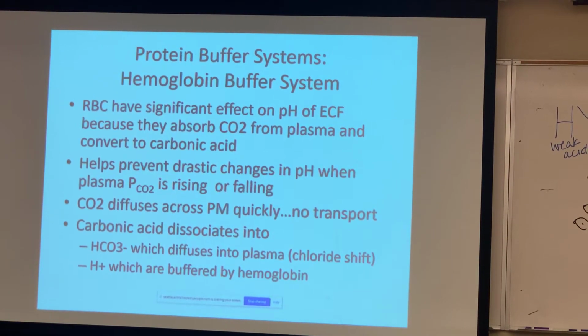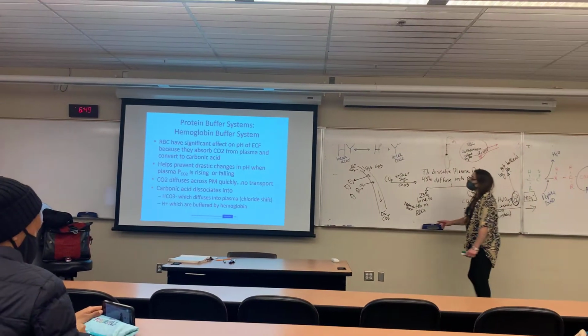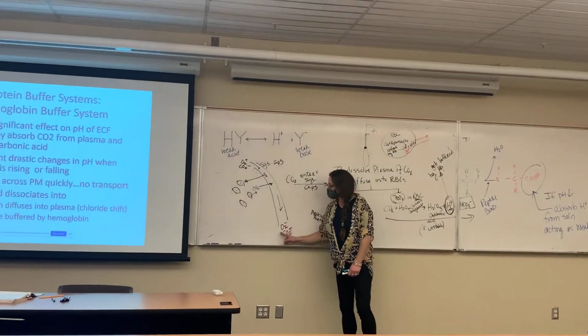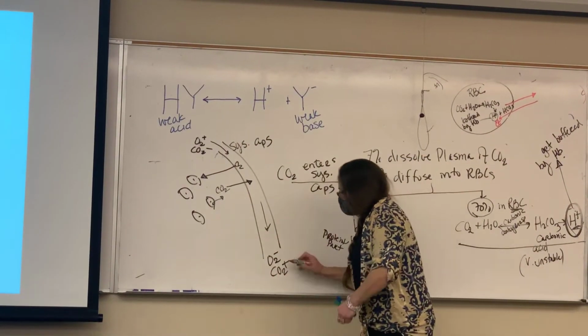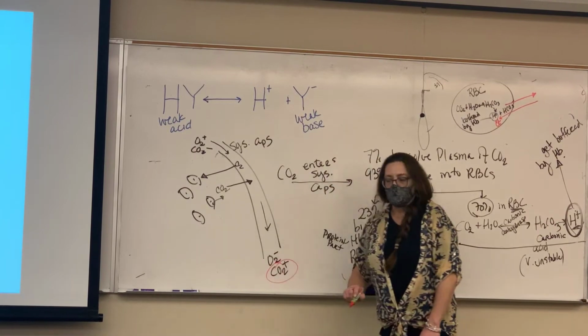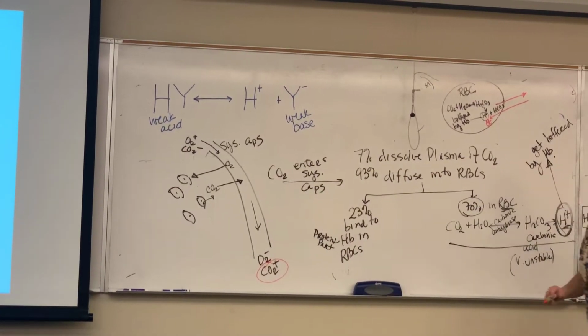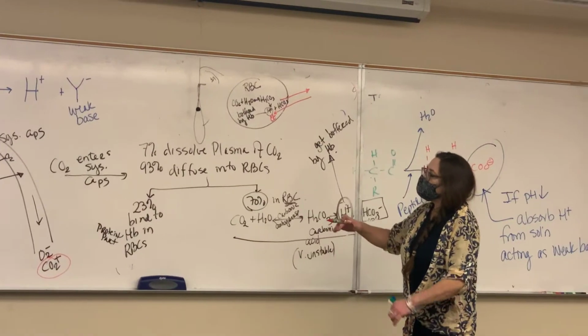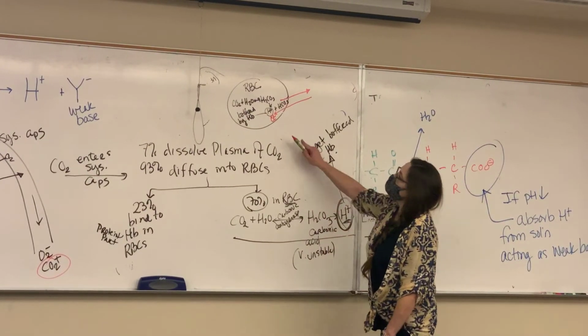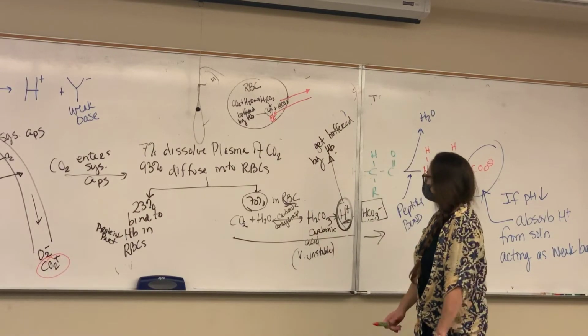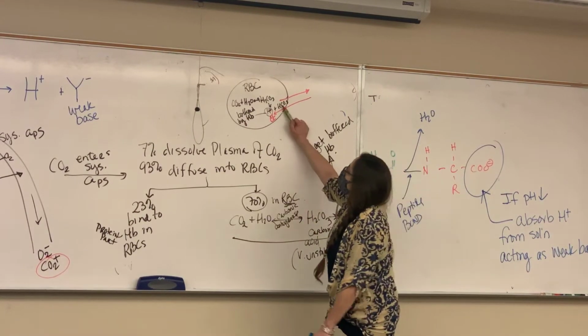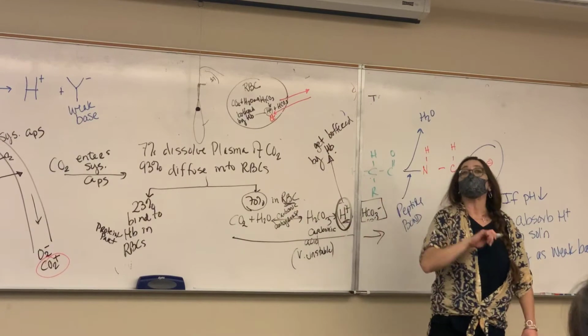So if you were to look at your venous blood here in the systemic circuit, you've got a lot of CO2, and what you would see is that in the plasma, you would have a little bit less chloride because it got pumped into your red blood cells, and your bicarbonate would be a little bit higher because it got pumped out.